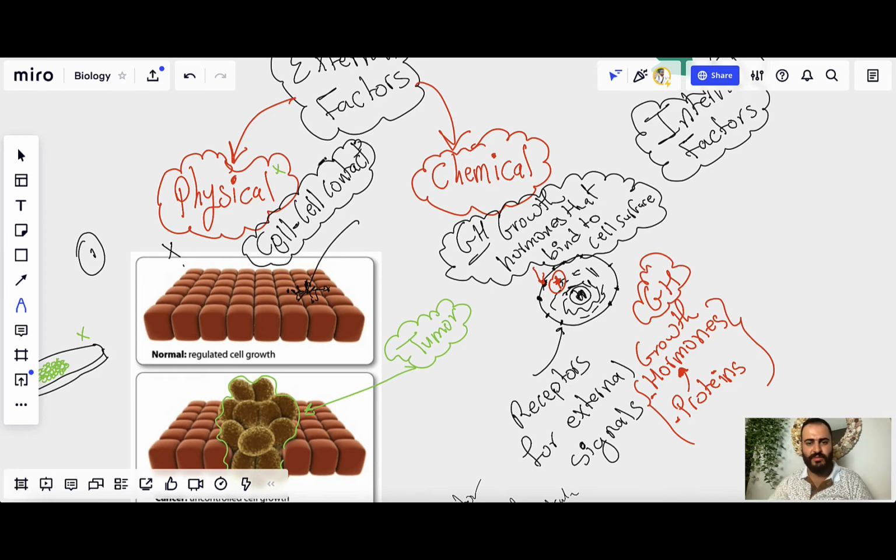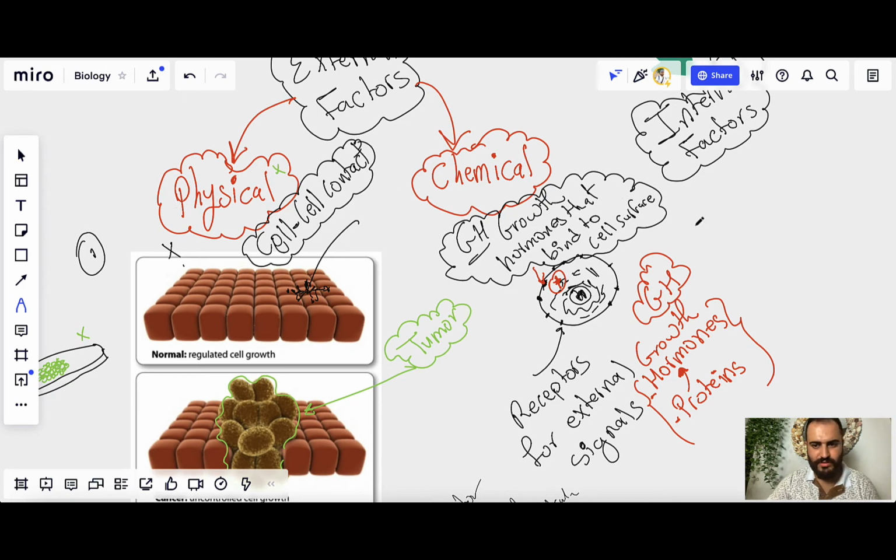An example of chemical signal happens at puberty when growth hormones are released and they activate cells related to the reproductive system or the release of sexual hormones that will cause changes in the body. For example, in males, growth of beard and maybe bone elongation, etc. These two factors have nothing to do with what's going on inside the cell. They only act based on the cell surface and the surroundings of the cell.